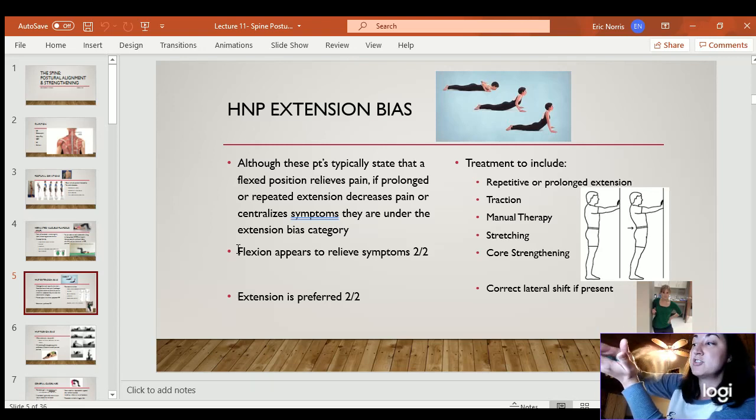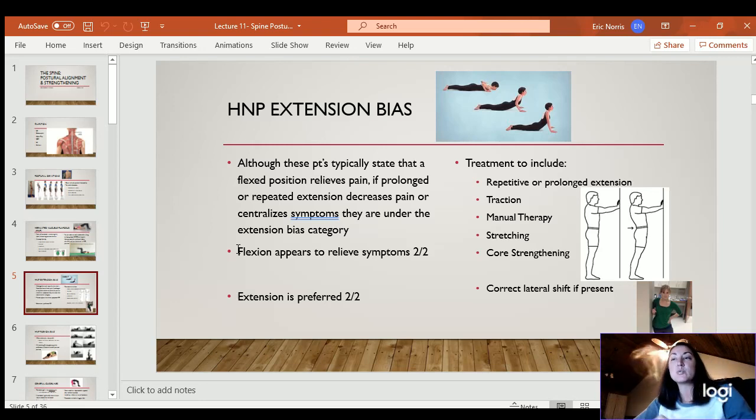If I'm in extension, it's actually pressing on that gel, so it's less comfortable. If I'm in flexion, it's opening up the part of the space that already has more stuff in it, so it's making the problem worse. However, it's relieving the pain by opening up the area. So patients will say that helps their symptoms. But the truth of the matter is it's actually worsening the condition.